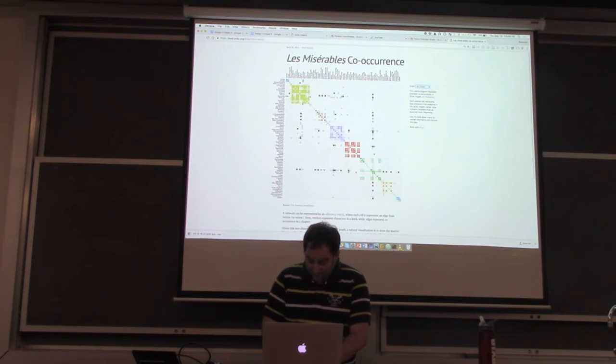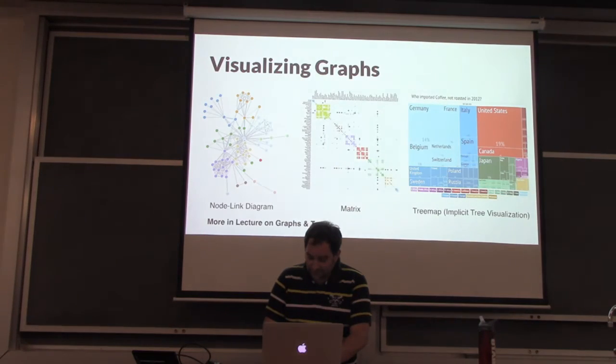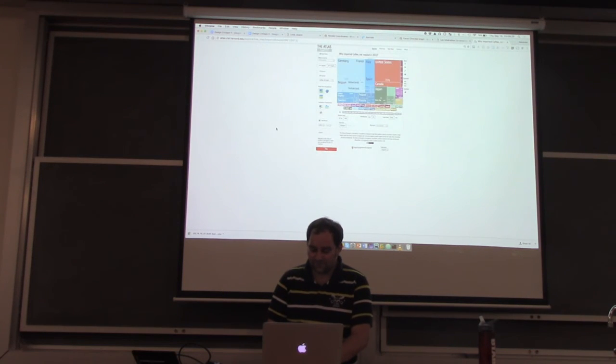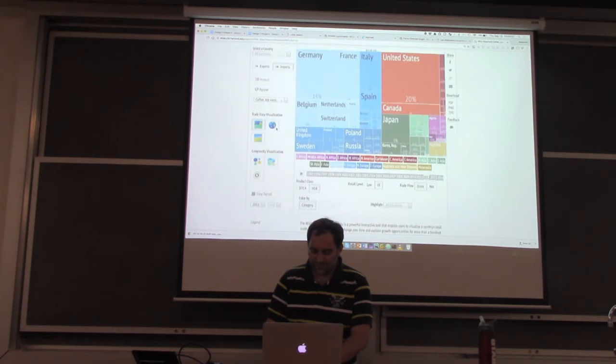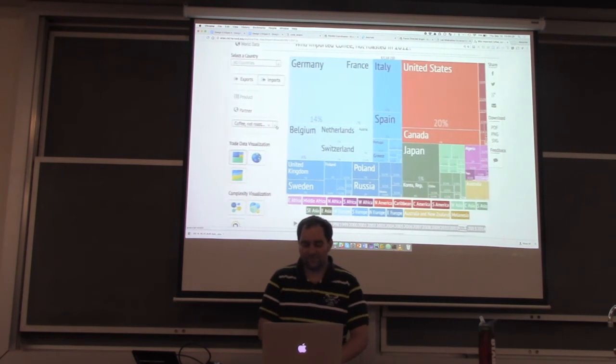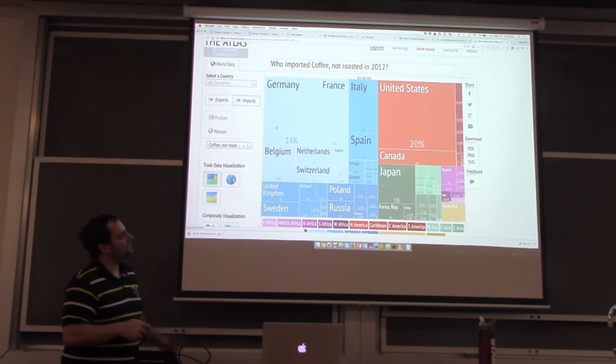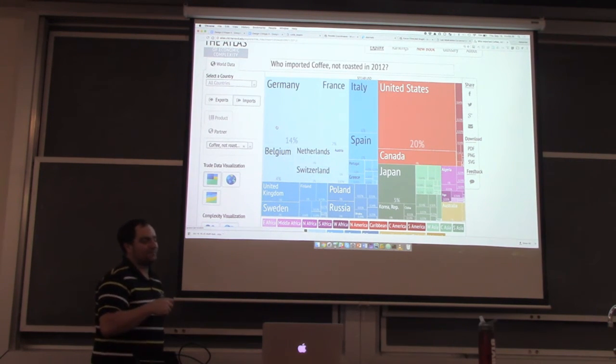A special case for trees are tree maps. Tree maps represent a hierarchy by using squares and then visualize the attributes of this hierarchy.